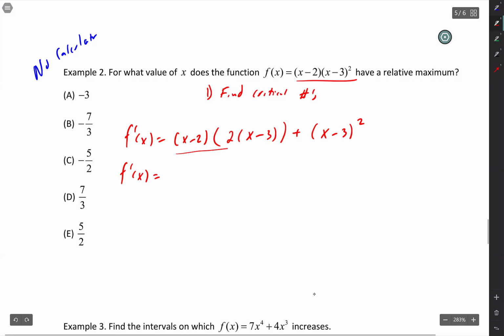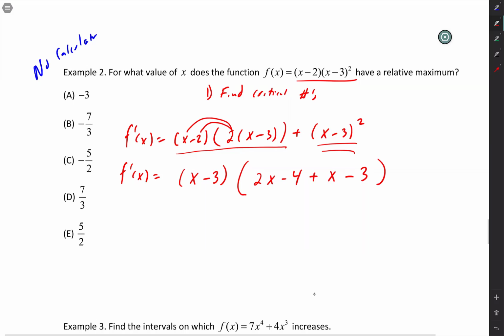Let's see, all this is together. I see that I can factor out an x minus 3. So here is an x minus 3 factored out. Giant parenthesis. I see the 2 times x minus 2, so I see 2x minus 4 plus x minus 3. Have I confused anyone?